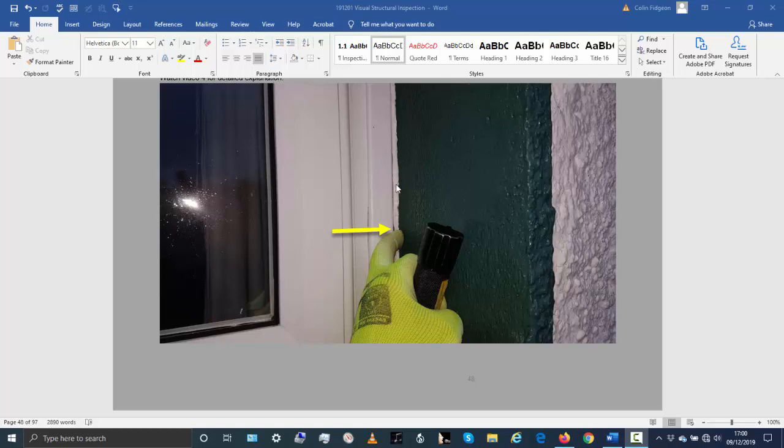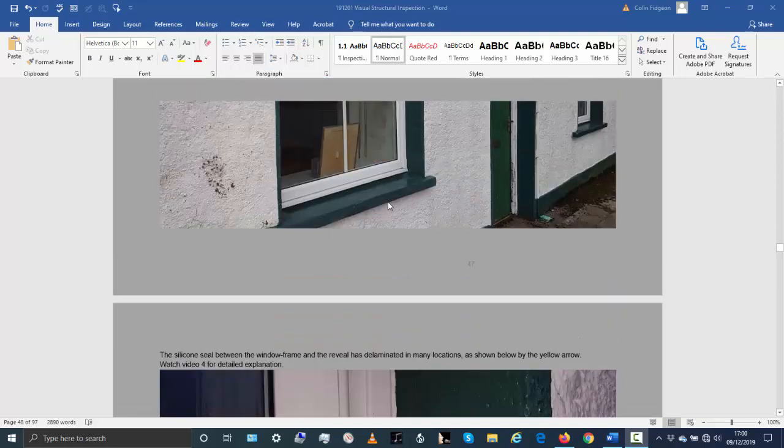It's relatively simple to fix this problem, to redo the silicone seals around these windows and make sure the surfaces are prepared properly. That's the key: clean and prepare the surface properly. If that's not done, it won't last, and you might have the same problem again next year. Whereas if it's cleaned properly, it should last for decades, or at least a decade.